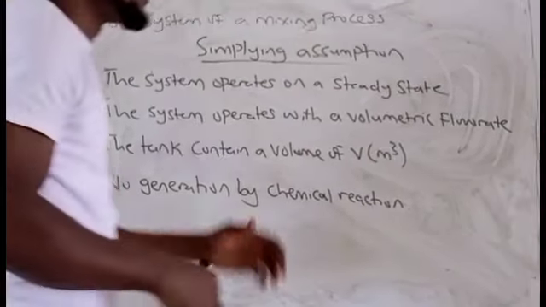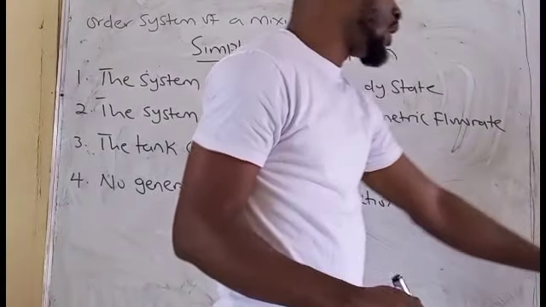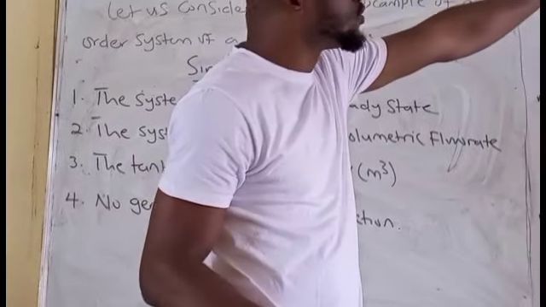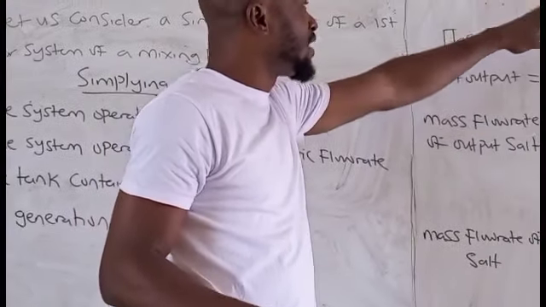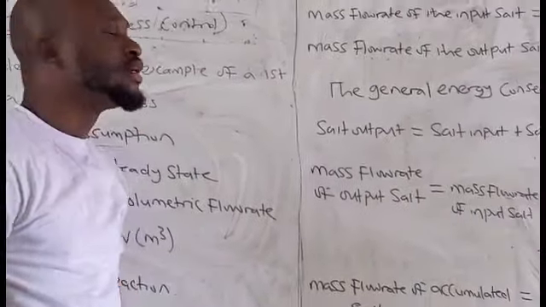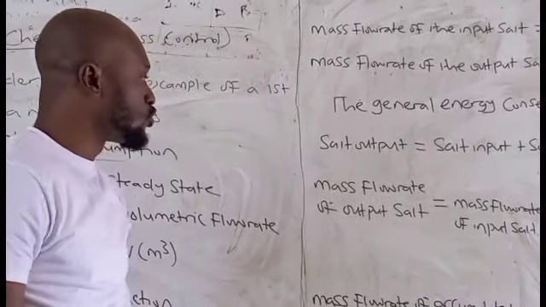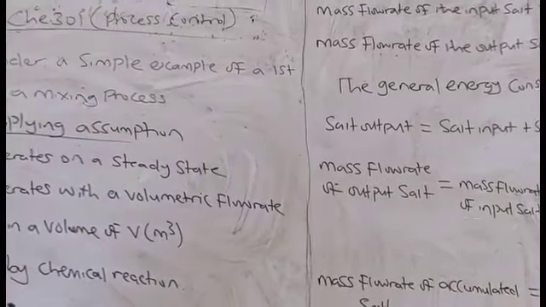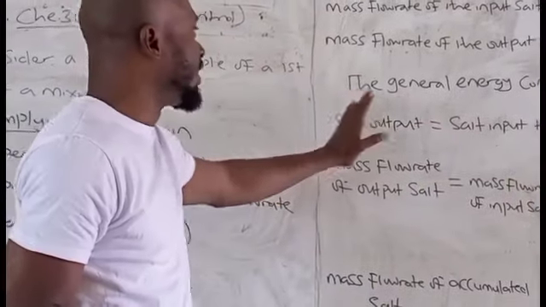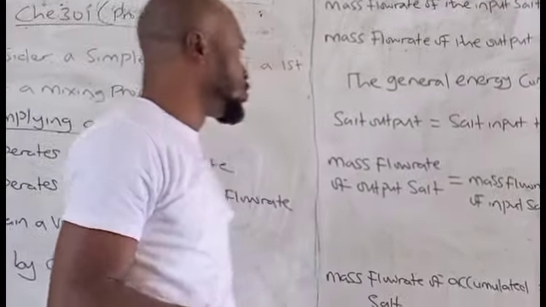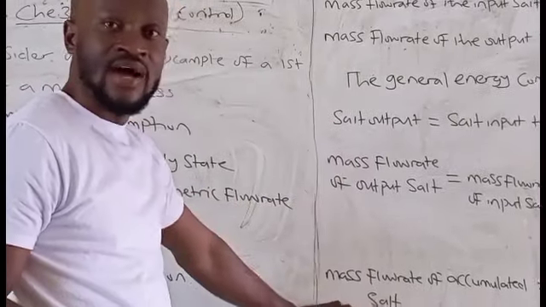So from here, since we have gotten our mass flow rate of the input source, and we have also gotten our mass flow rate of the output source, then the one of the accumulated source, we are going to use the general energy conservation equation to derive an equation.